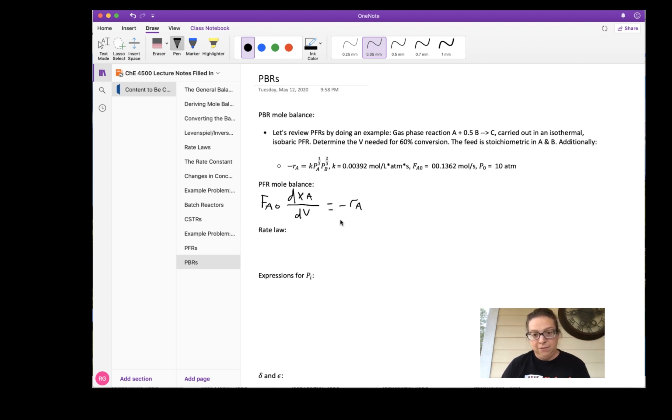The next step then is to fill in the rate law. We have an expression for the rate law here, so that's somewhat simple. We can just write that down. RA is equal to K PA to the 1/3 times PB to the 2/3.